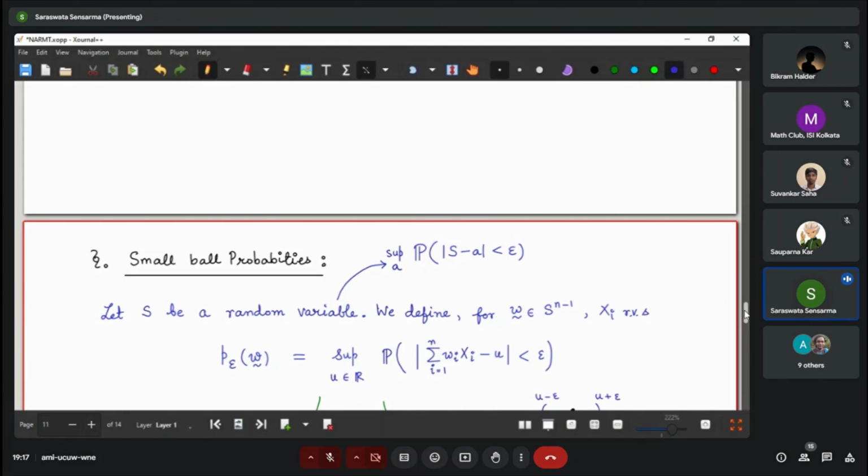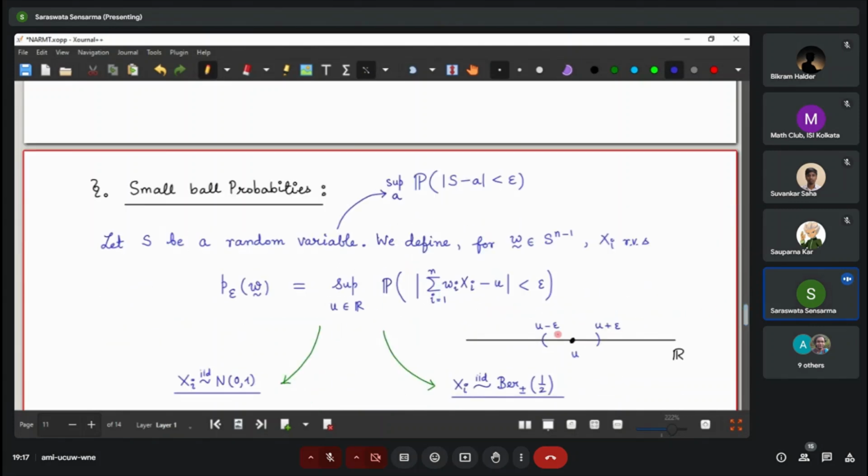Oh sorry, I've used U, fine, let me use U. This is exactly the probability that this S concentrates in an epsilon neighborhood of it, and we are taking a supremum over U. This is called the small ball probability.